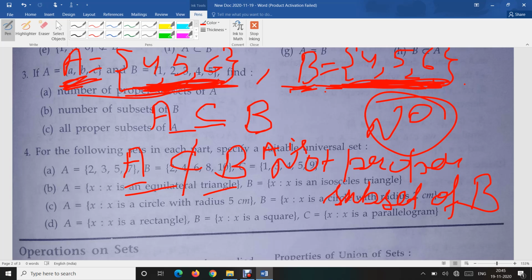Okay, I hope you understand about the subset and proper subset. Now there is one more thing.